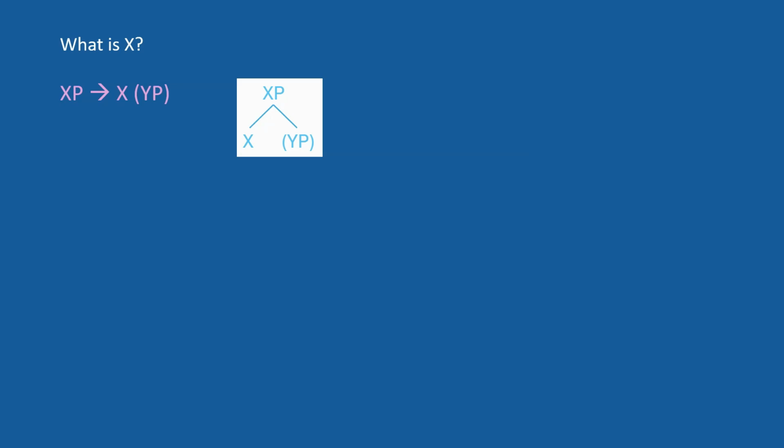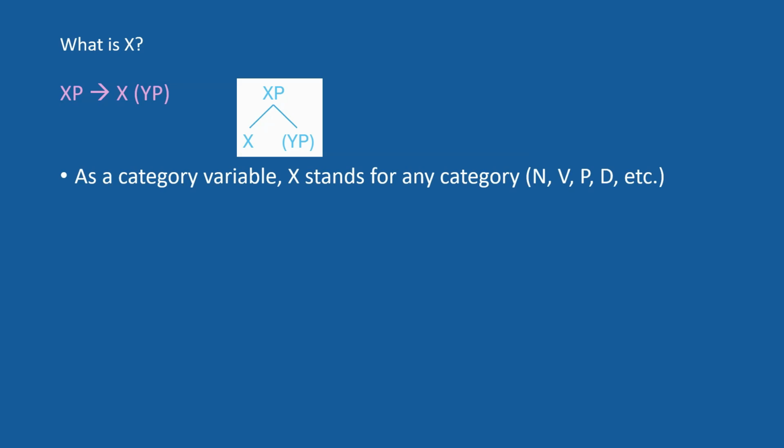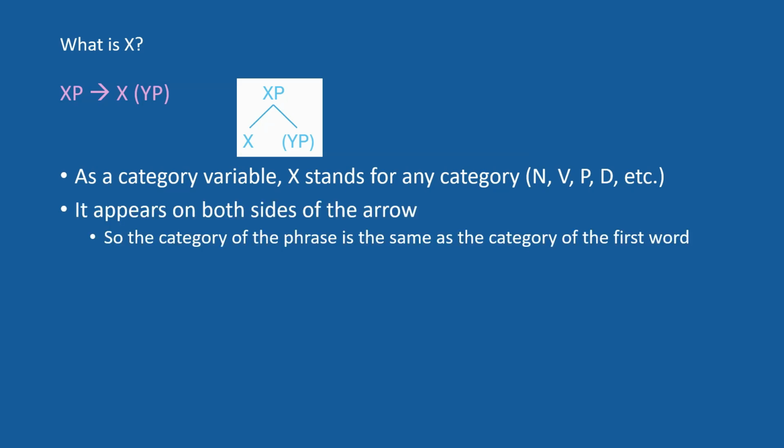As we've said, X is a category variable, and therefore it can stand for any category: N, V, D, P, anything. Note, X as the symbol appears on both sides of the arrow. Obviously the XP stands for a phrase of category X, whatever that is. X underneath stands for a word. So just the X there is a word position.